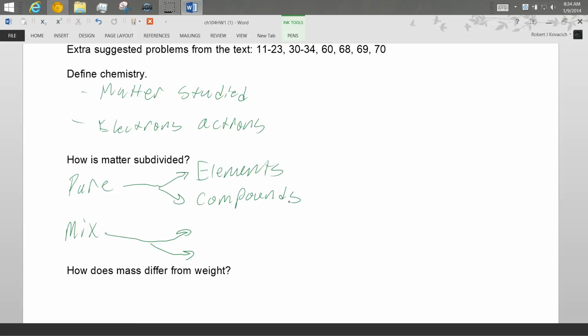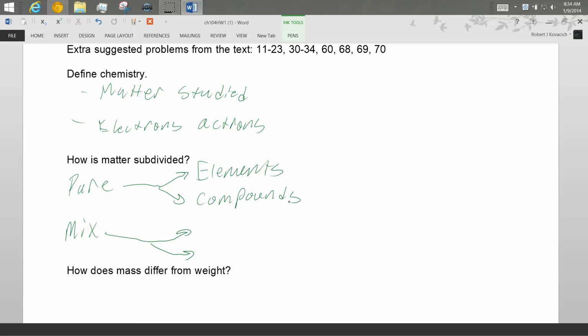And how about the mixtures? How do we divide the mixtures up? There are some mixtures that can look like pure substances.